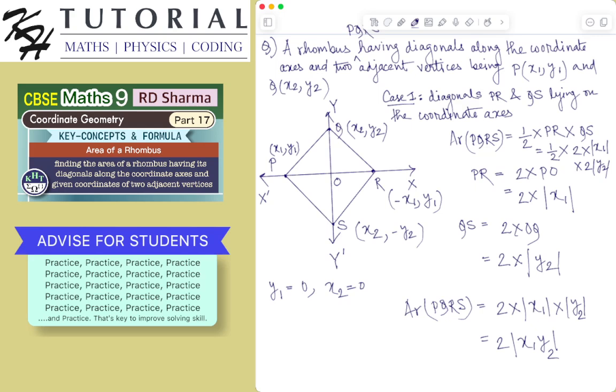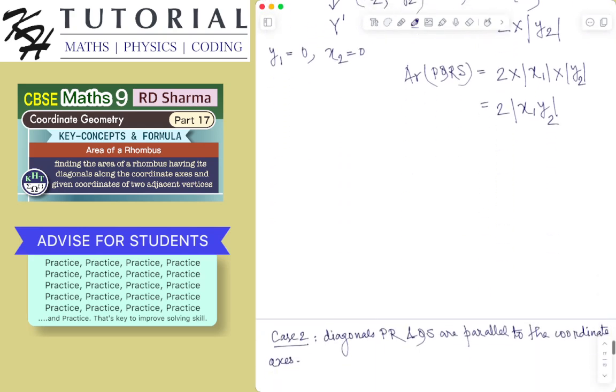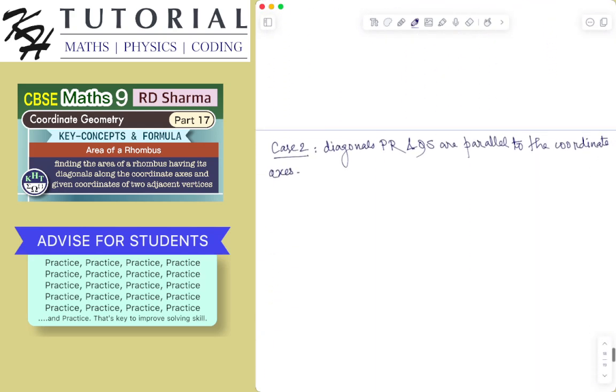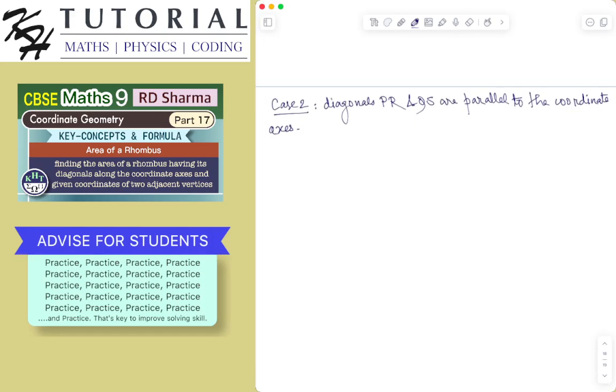Okay, now let's consider case 2, where the diagonals PR and QS are not lying on the coordinate axes but are parallel to the coordinate axes. Let's say this is the point P and this is the point Q. One diagonal will be PR, and I am considering the diagonal PR to be parallel to the y-axis.